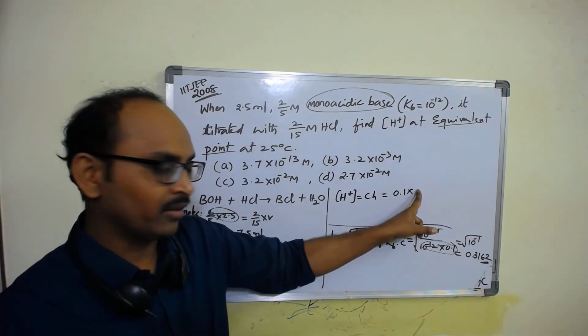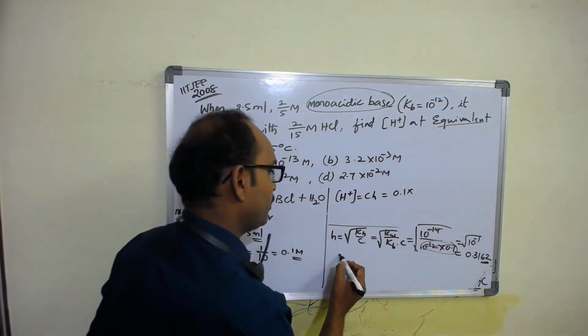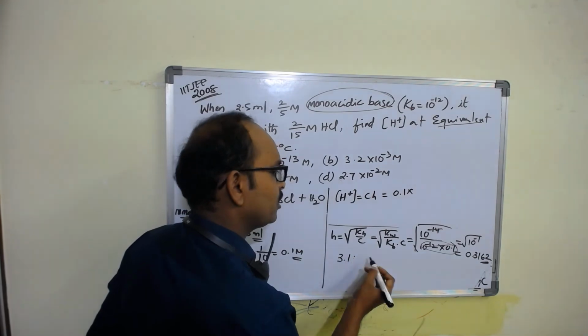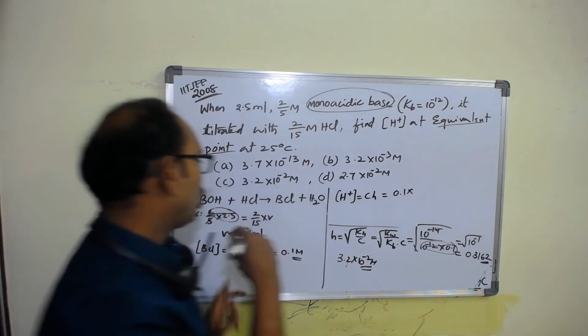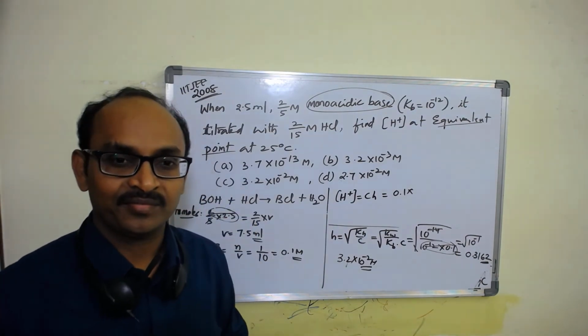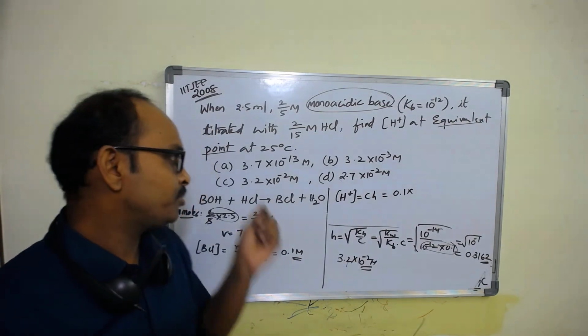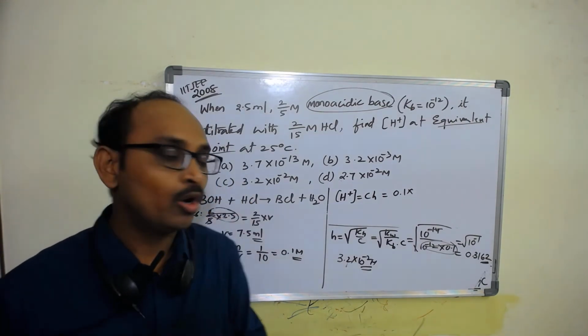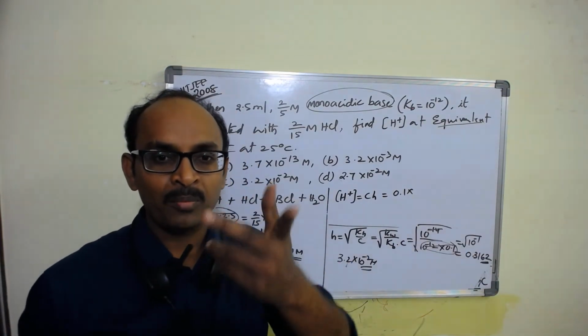If you take that here, 0.3162, what will be the number that is coming? 3.16, about 3.2 into 10 power minus 2 molar, which is option C, which is not the answer. That is wrong. Option C is not the answer, because the h value that we are getting is 31.62%, greater than 5%.